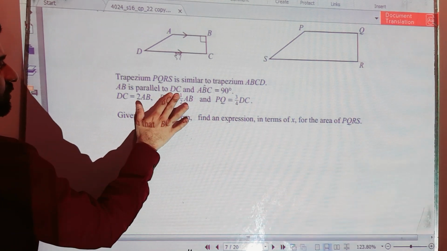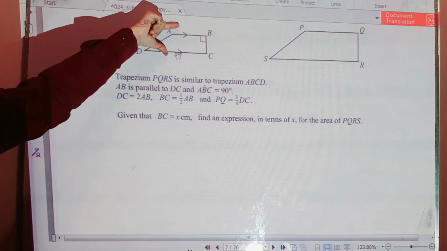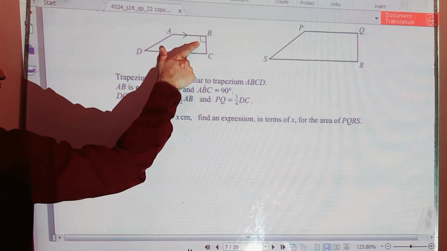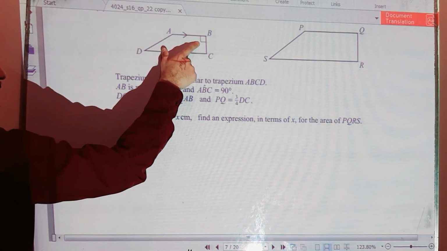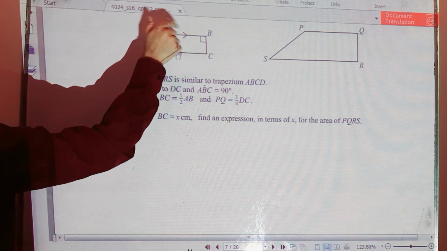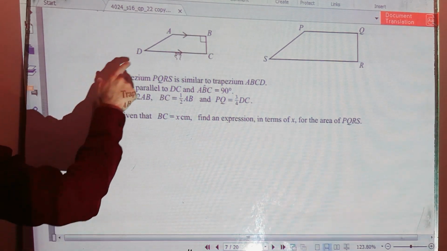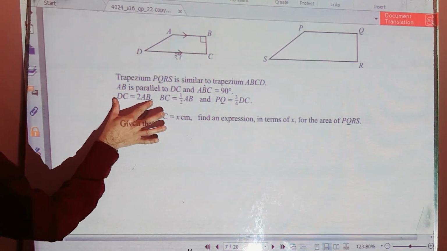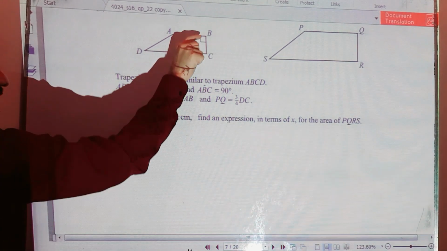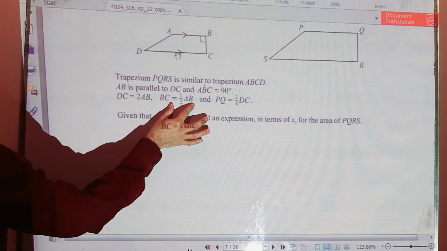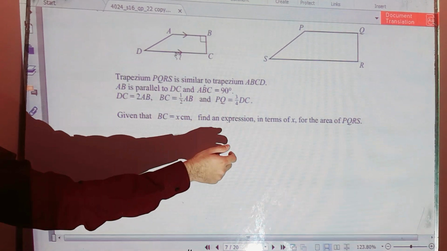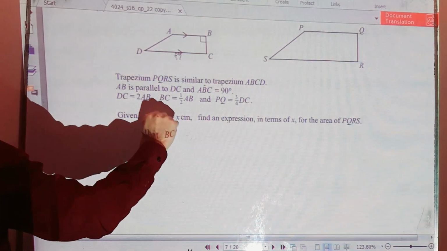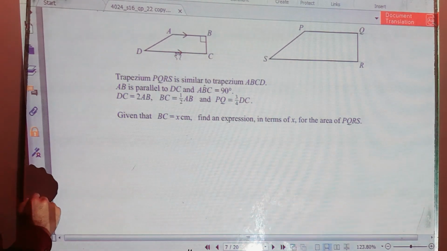AB is parallel to DC, meaning these two sides are parallel, and angle ABC is 90 degrees, whereas DC is twice AB and BC is half of AB, whereas PQ is 3/4 times DC.